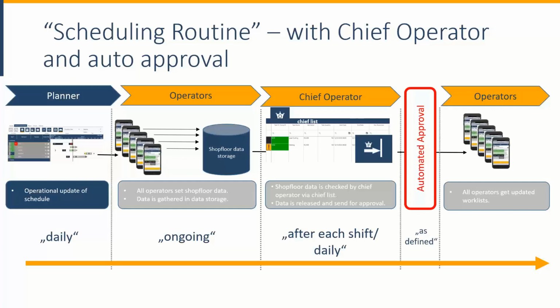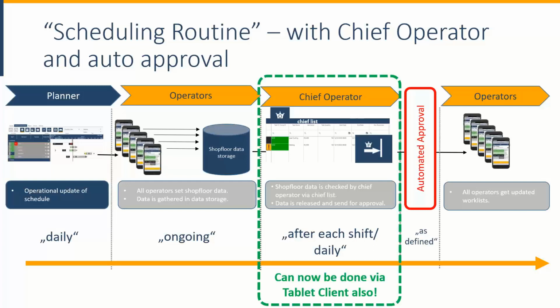And this person that is close to the shop floor and responsible to do the final check and hand over the data after checking into, let me call it, the scheduling process, is called the chief operator. We have offered this role for a long time, so maybe this is also an option for you. I just wanted to remind all of you that we have that functionality and that this functionality is now also available in the tablet client.